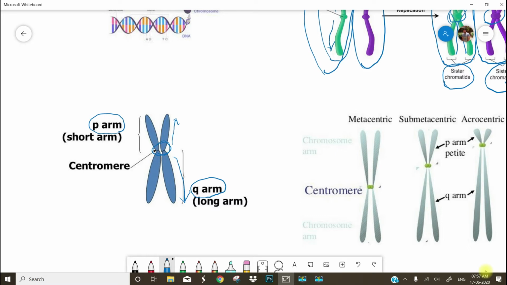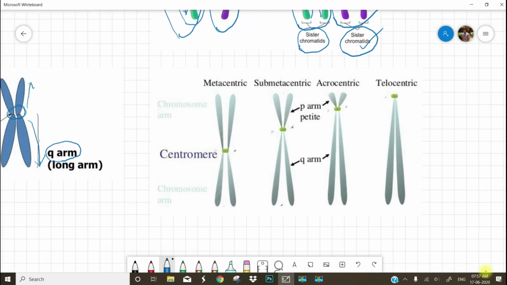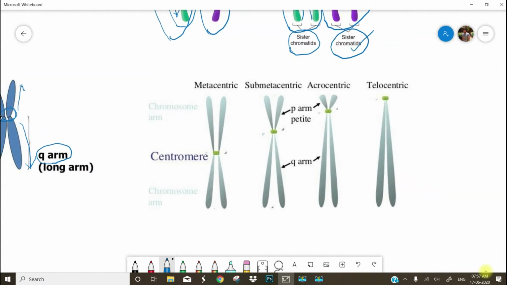Now look at this image. You can see 4 types of chromosome here. In the first type, you can see the centromere exactly at the center of the chromosome. We call that kind of chromosome a metacentric chromosome. But look at the second image.